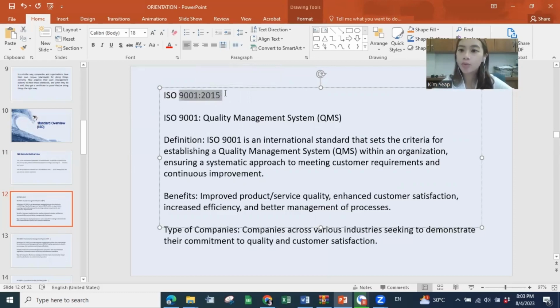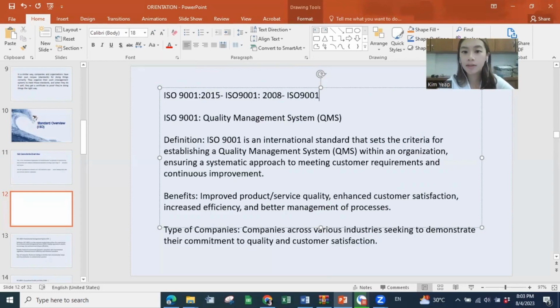But what does 2015 mean? 2015 is the year the standard was published. Before 2015, it was the old version, which is ISO 9001:2008. Before 2008, when was it?